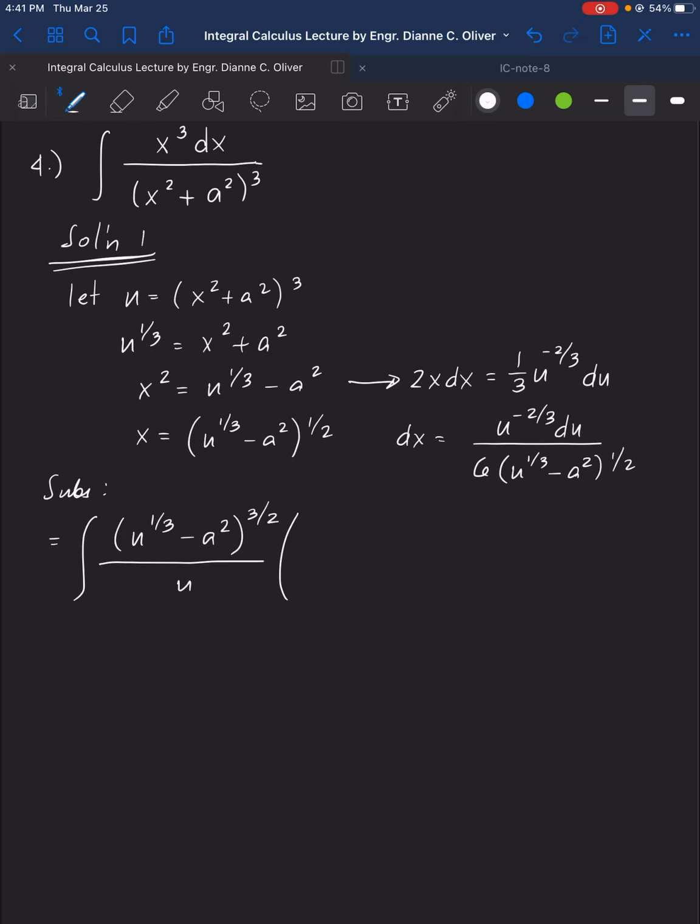Then we have the dx. dx is u raised to negative 2/3 du and over 6 times u raised to 1/3 minus a squared to the 1/2. Okay.